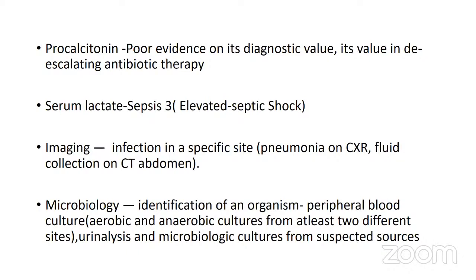And remember, peripheral blood cultures should be taken from at least 2 different sites, and should be both aerobic and anaerobic cultures. And remember that from research, a culprit organism is frequently not identified in up to about 50% of patients.